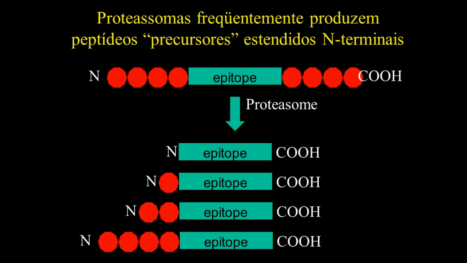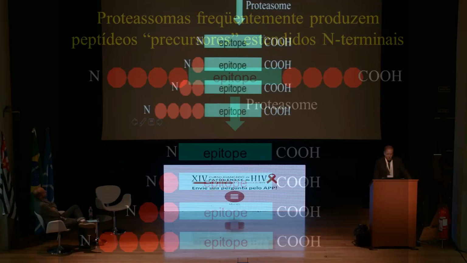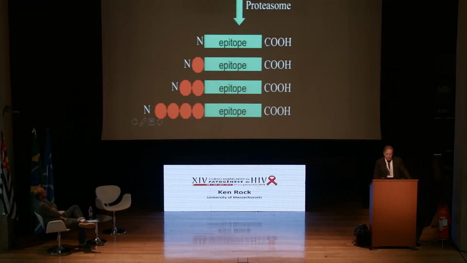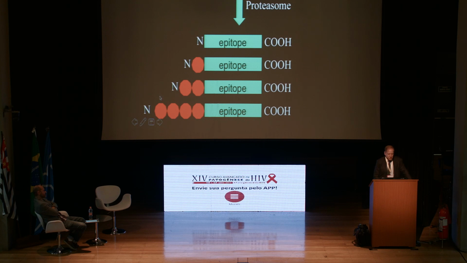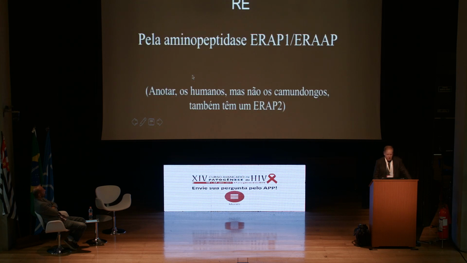And so if this is a protein sequence and this is the region that's going to bind class 1, the epitope, and you look at what the proteasome does, it's the only activity in cells that can make the proper C-terminal cleavage, but it often makes N-extended peptides. So these could potentially be used by the system if there was machinery that could take off these extra residues.